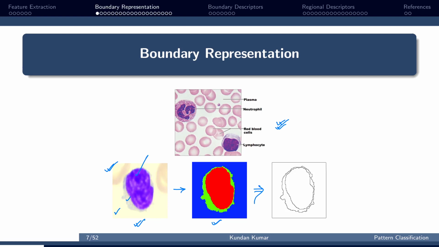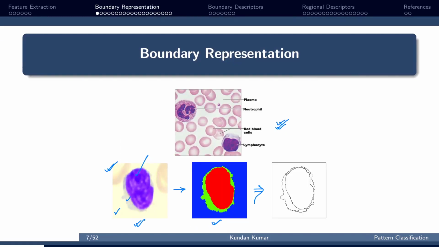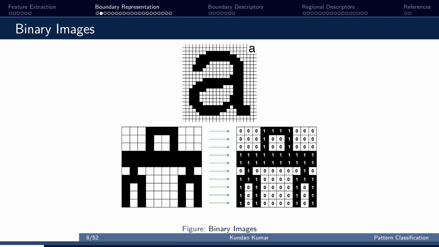So let us discuss boundary representation. Suppose we have a binary image. Binary image means the pixel value will be either 0 or 1.